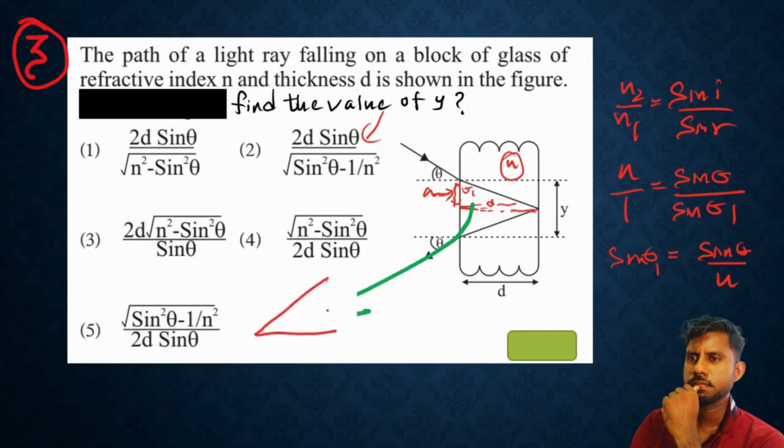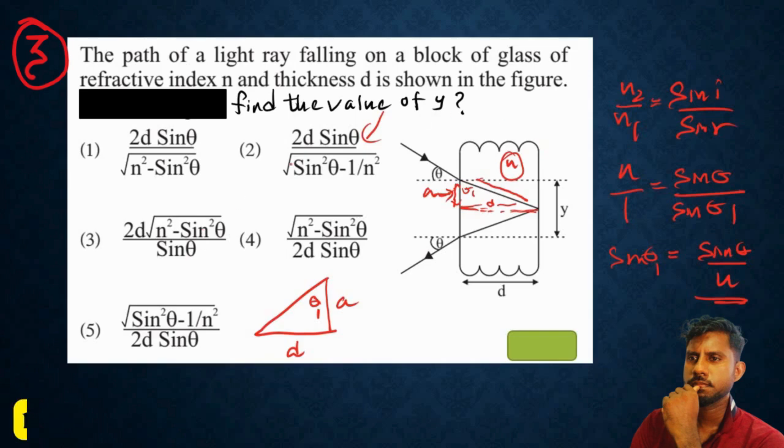Let's draw the triangle now. I have theta 1, and the length here is D. If I can find this length, let's say this is A, then I have the value.